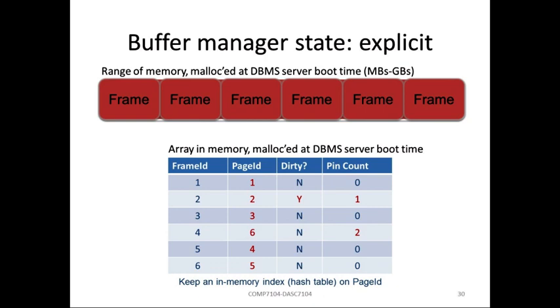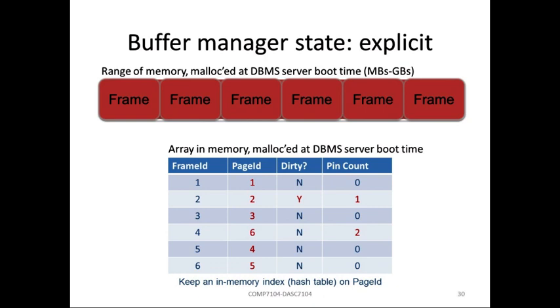Okay, and so how do we keep track of this information? We keep an in-memory index, a hash table on page ID, because in this way, with lookup by page ID, we can easily tell whether the page is in main memory or not.